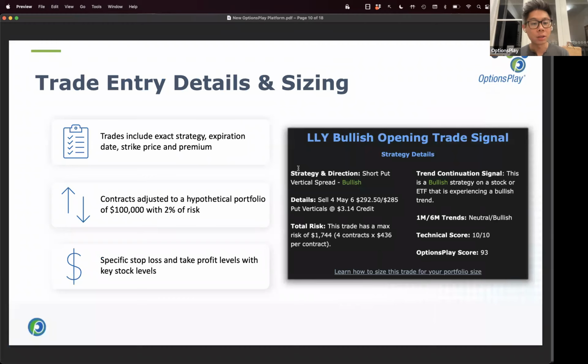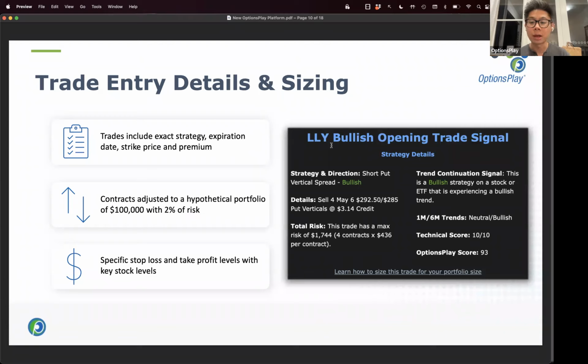And then as far as the trade signals that we are going to provide you from the daily play, we also have made some changes to better align our signals with what you actually trade in your portfolio. This really has to do with entry details and sizing. So what we do now is provide you with the exact strategy, the expiration date, the strike price, and the premium, but we also adjust the number of contracts to trade in a hypothetical $100,000 portfolio where we risk 2% of that total portfolio.